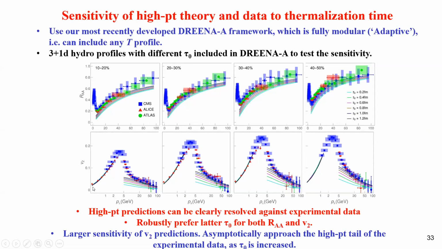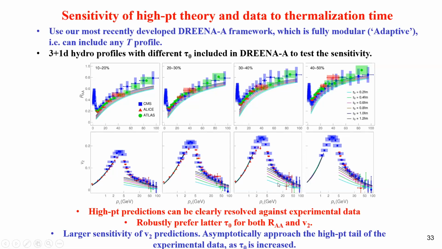So this shows that indeed low PT is insensitive to these different thermalization times. On the other hand, high PT observables show a clear separation between different scenarios. Thank you for asking this question. This really shows that where low PT is insensitive, high PT shows large sensitivity.